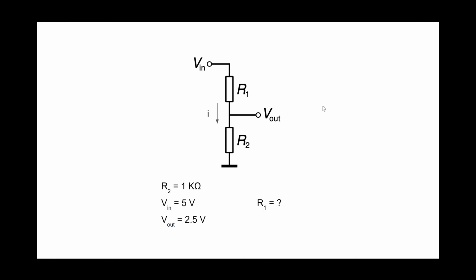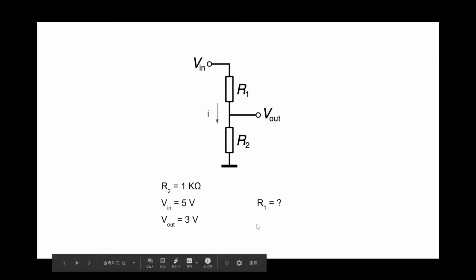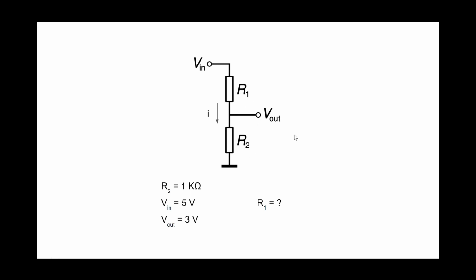It's a very easy question. Well, how about this? It's also very simple. Please tell me the answer. The measured voltage is 3 volts, which means it takes 3 volts for R2 and 2 volts on R1. You can see that the resistance ratio of R1 and R2 is 2 to 3.